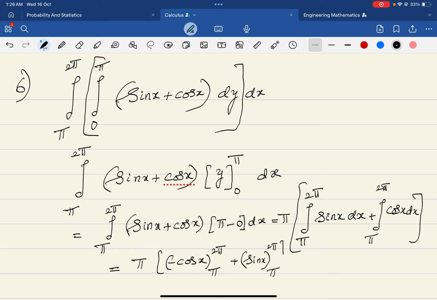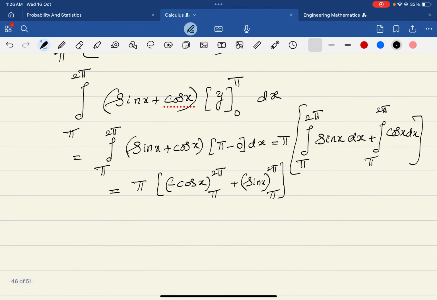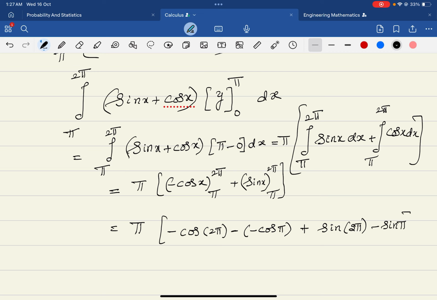So this is the value. Now what we get here is pi times minus cosine, upper limit 2 pi, minus the lower limit, minus cosine pi, plus sin upper limit 2 pi minus sin lower limit pi.